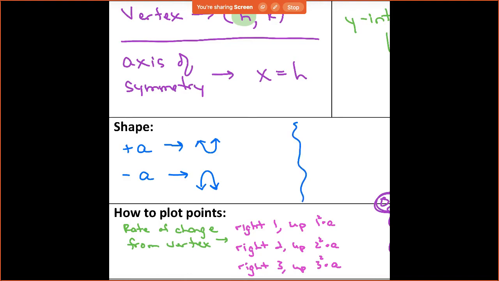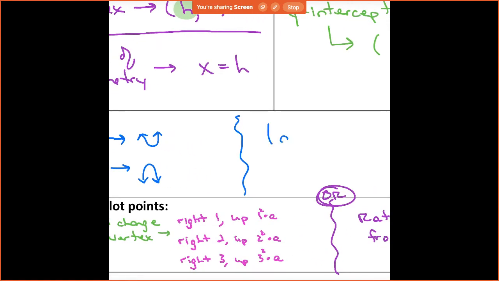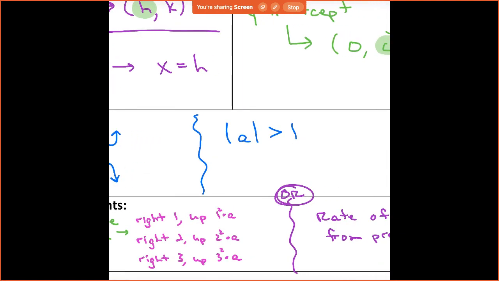But it also helped us to identify if it was going to be a narrower V or a wider V for absolute value, and it's going to do the same thing here as well. If the absolute value of a is greater than 1, so 2, 3, 4, negative 8, negative 10, that's going to be narrower.